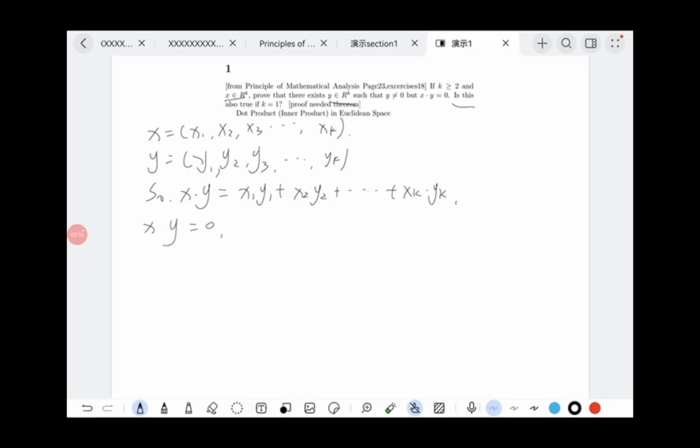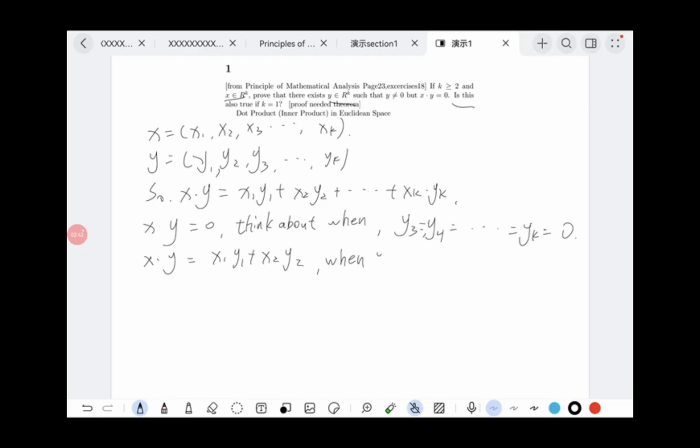So we can let y3, y4, until yk all equal 0. Then x dot y equals x1y1 plus x2y2.